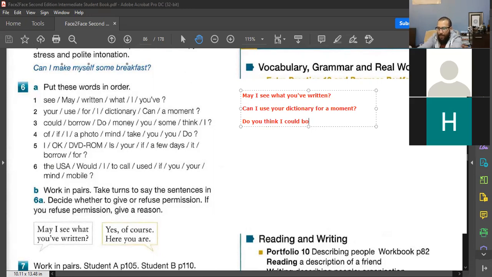"Ed" is used when you use "would you mind."